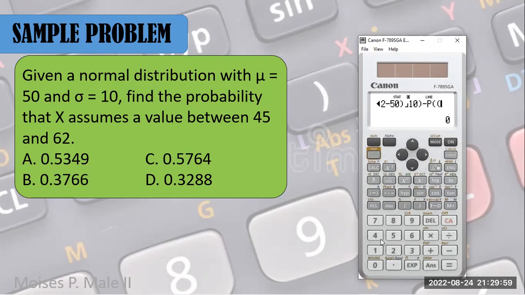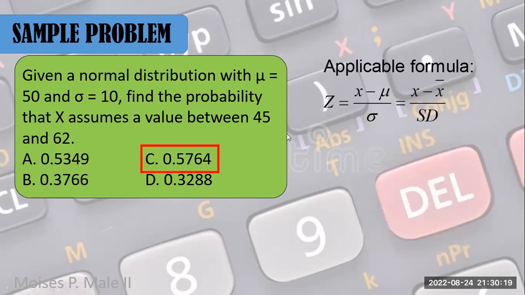Okay, enclose nyo yung 45 minus 50 divided by 10. So you have 57.64 or 0.5764. Okay, letter C. Okay.